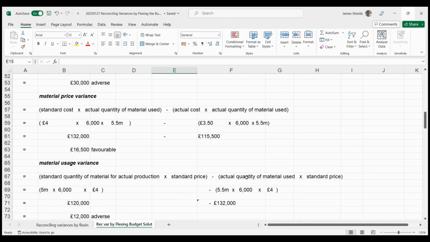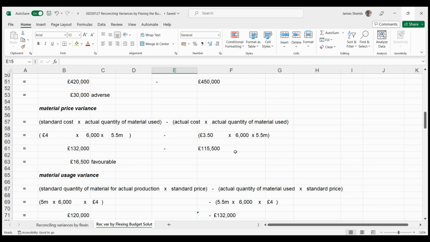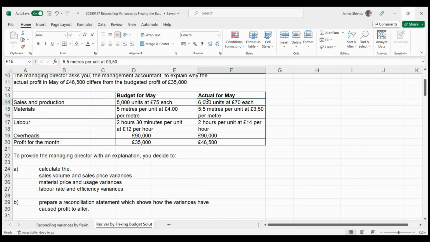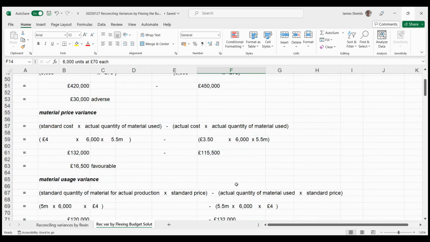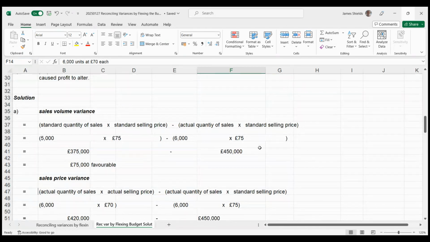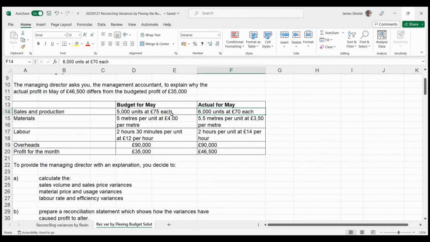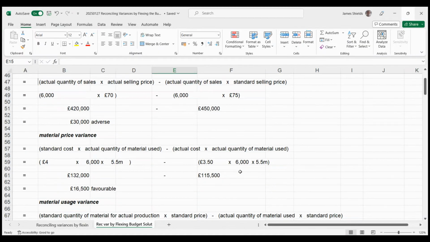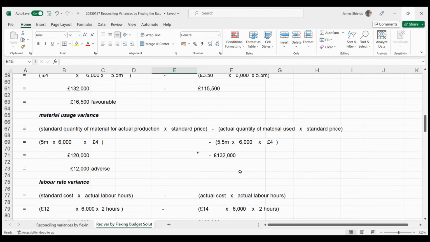Then we take away the actual quantity of material used times the standard price. The actual quantity was 5.5 metres, which is in the information question, times 6,000 units. And then times the standard price, and the standard price was £4 per metre. So we do the calculations now.